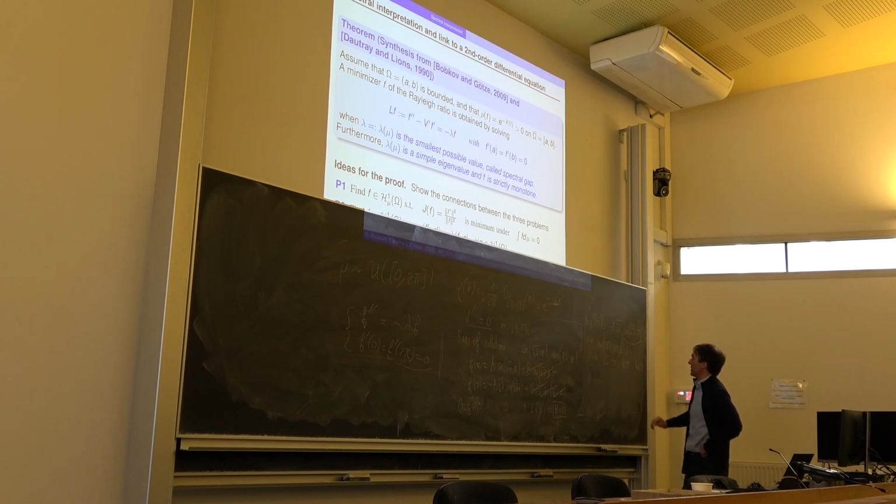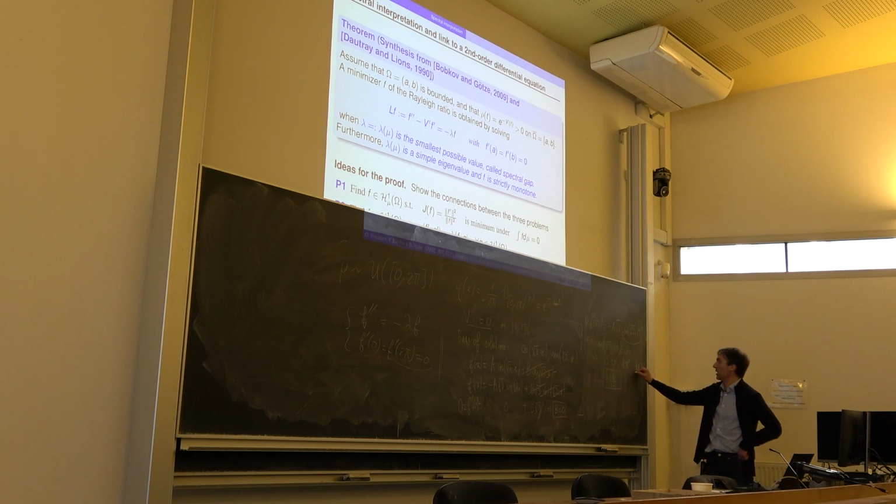And because lambda is positive, it's an integer. So you obtain that lambda, pi simplifying, is k divided by 2 squared, where k is an integer.